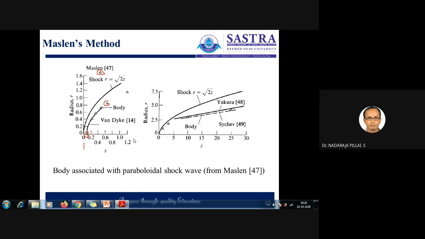Also in his paper he has given the corresponding pressure distribution in terms of P by P naught, where P naught is the stagnation point pressure, which I have not given here. I wanted to show one example of Maslen's method applied. So this is the procedure in Maslen's method, and these are the results of Maslen's method, which he compared with other exact methods.